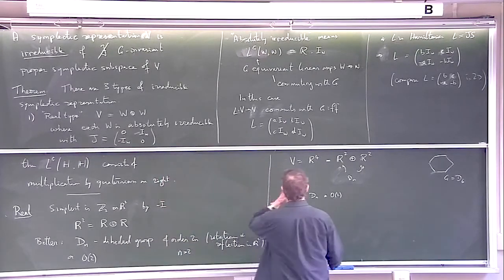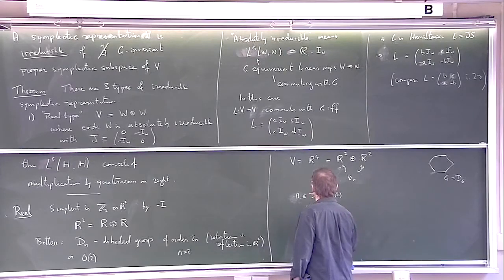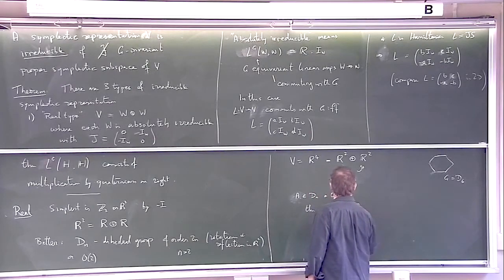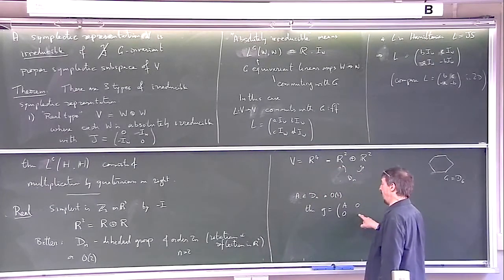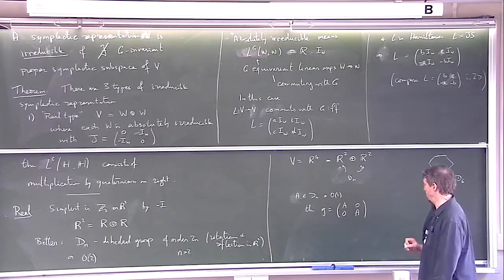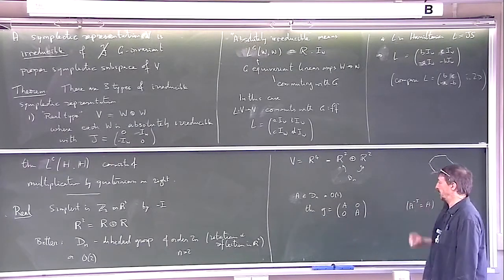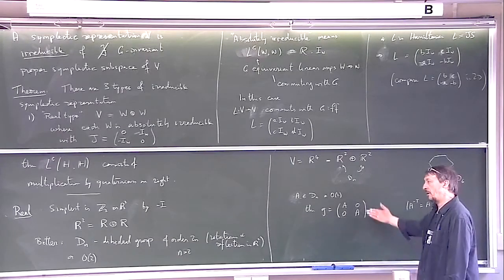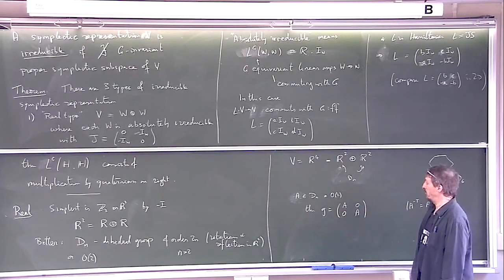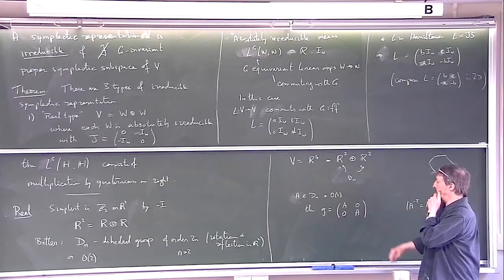So if A is in Dn, then G is A, 0, 0. And here I had A inverse transpose, but it's the same because A is an orthogonal matrix. So that's the typical representation that one gets in the reals. There are other examples, but this is the one we're going to talk about in examples.